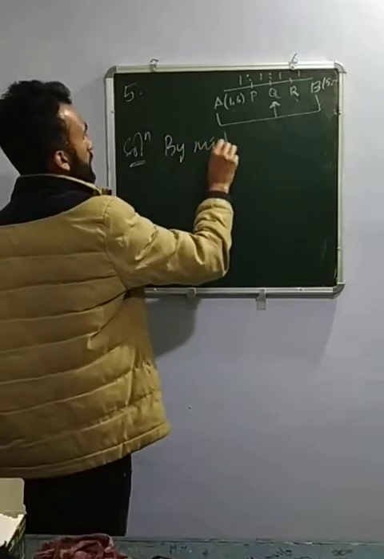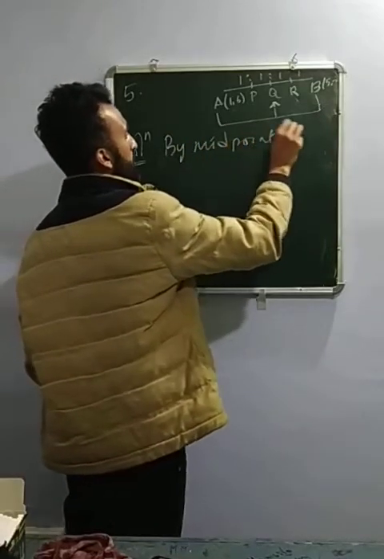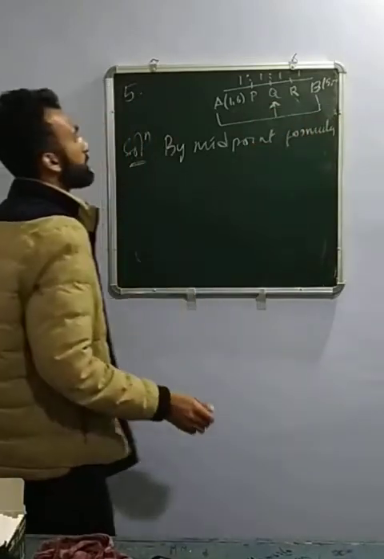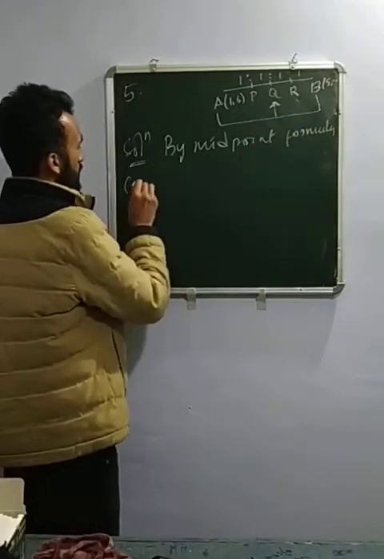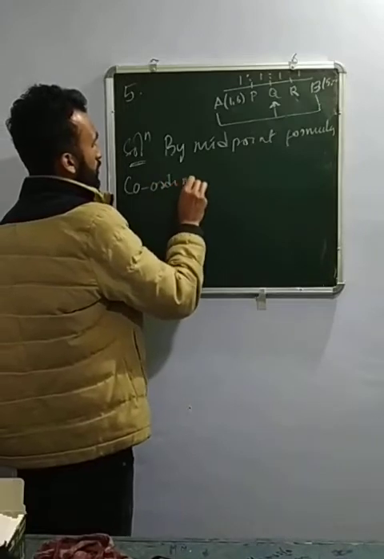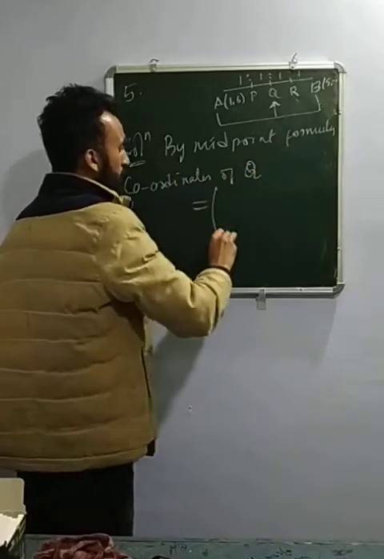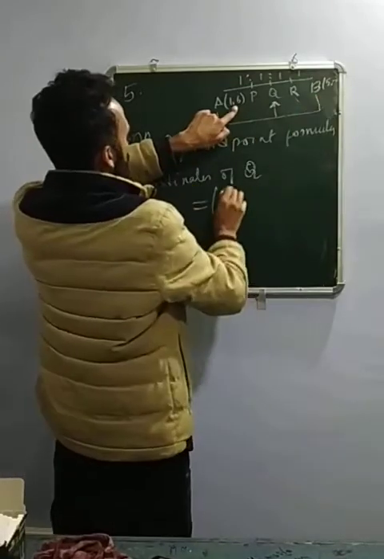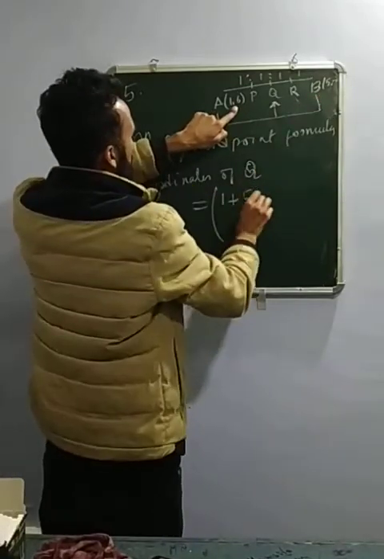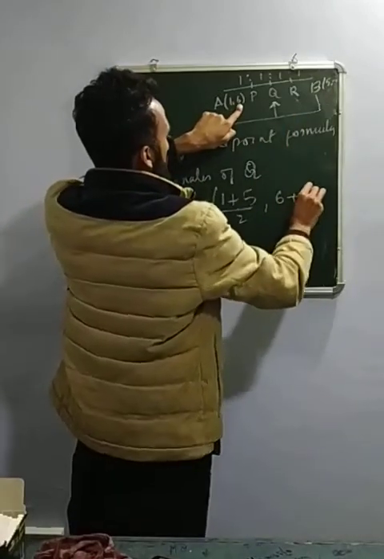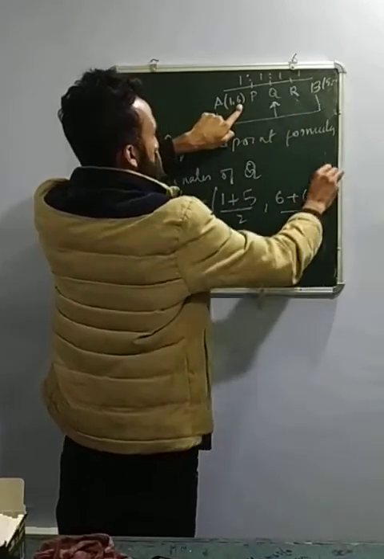By the midpoint formula, simply I'll use the midpoint formula here because Q is exactly in the middle. Coordinates of Q is equal to the endpoints divided by 2: 1 plus 5 divided by 2, 6 plus minus 2 divided by 2.